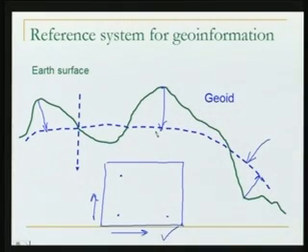Then the next question, because our reference has to be mathematically defined: is the geoid mathematically definable? If at all we can use the geoid as a reference, in what case can we use it? So we will try to answer those questions now.